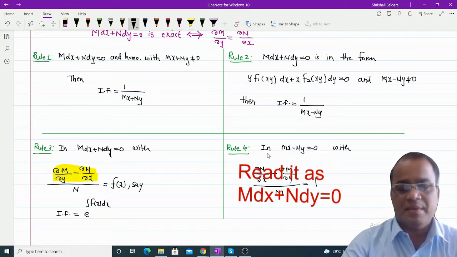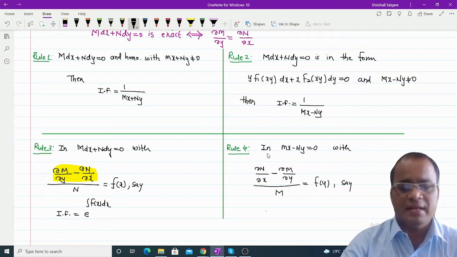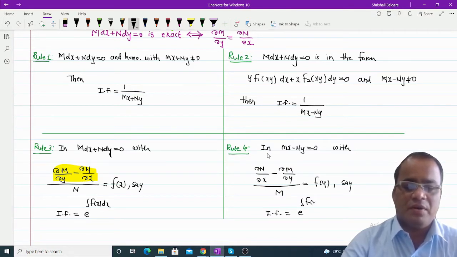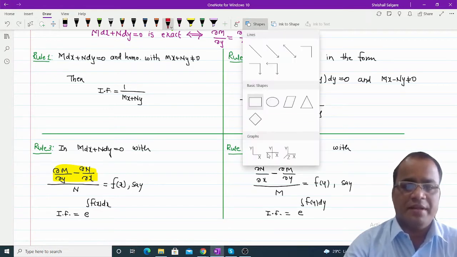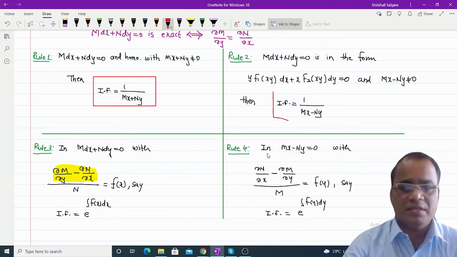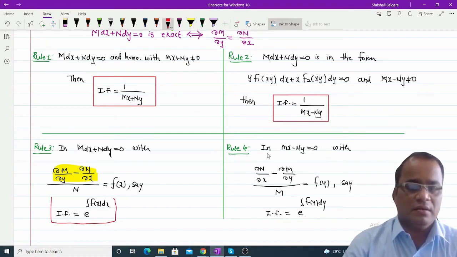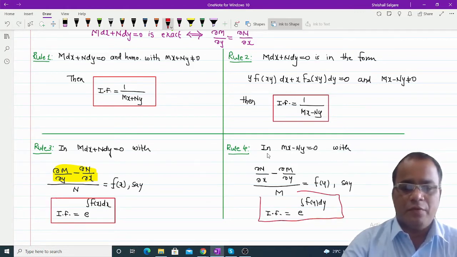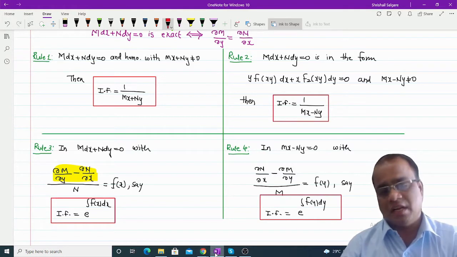M. If it comes as a function of y alone, and I denote that, then the integrating factor is given by e to the power integration of f(y) dy. So these are the four rules for finding integrating factor. This is the first, the second, the third where the equation is non-exact, and this one is the fourth. Now I will start with general examples.